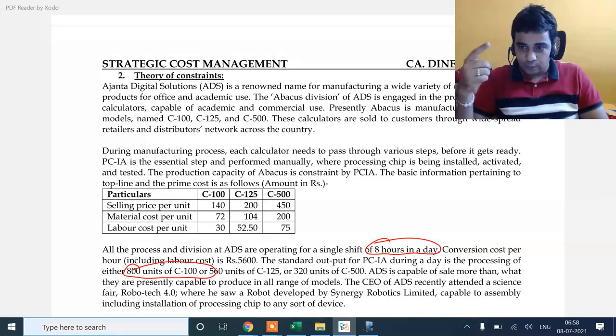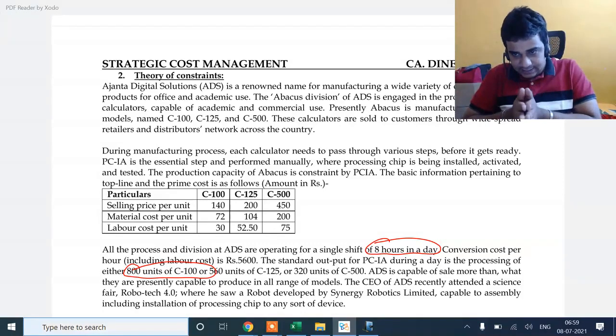We are already at 122, but we'll have to do something with this PCIe so that you can increase the sales and production capability. Either you do something like Kaizen costing, value analysis, or approaches by which you enhance the utilization level of PCIe. That's one approach. Or you go ahead and expand the capacity there.